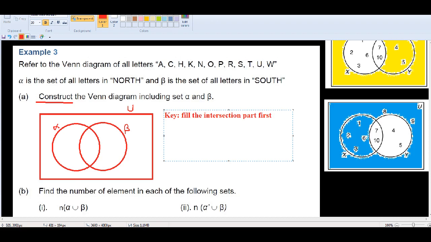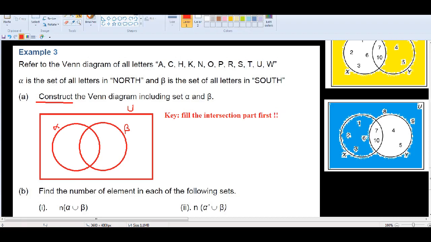So you need to fill this part first. This part means alpha intersect beta. So you need to fill this part, alpha intersect beta.